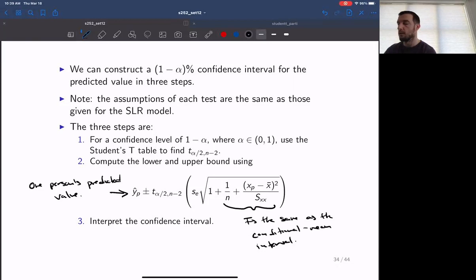Okay. Now, the only difference is that we have the 1 plus right here. So what this is telling us is that the amount of error associated with the individual person is greater than the amount of error associated with the conditional mean at the same value of x.